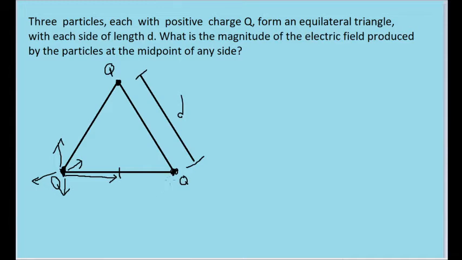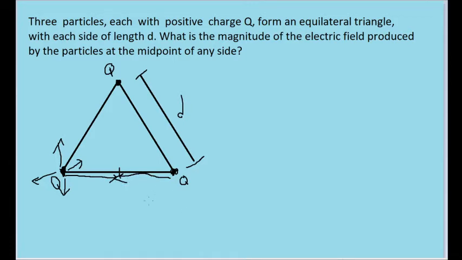And the same thing applies to the charged particle on the right-hand side of the diagram. It is positively charged, so the electric field lines will be pointing away from it. So at this midpoint here, the electric field due to the right-hand particle is pointing to the left.